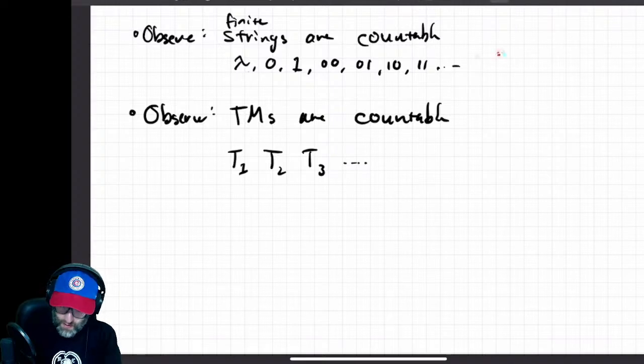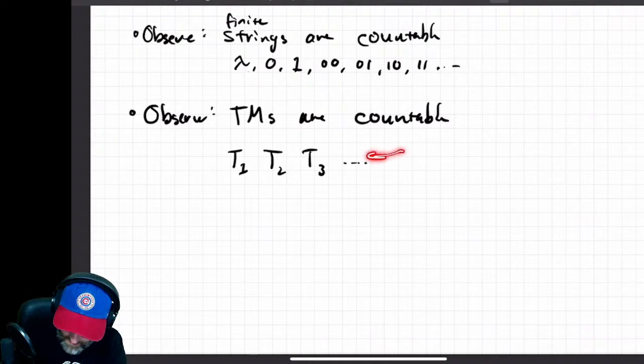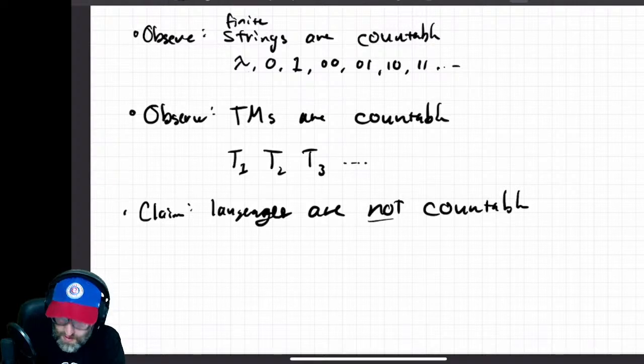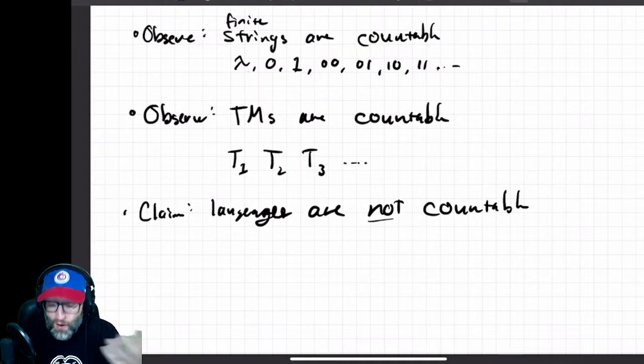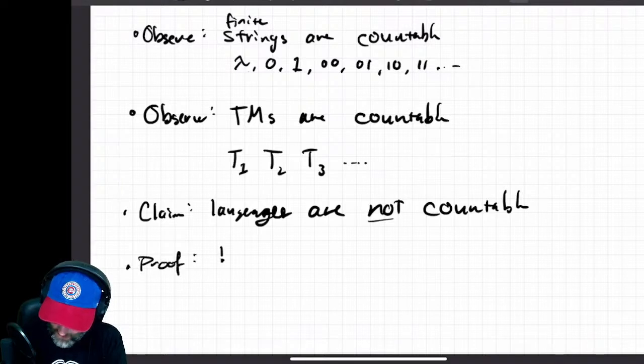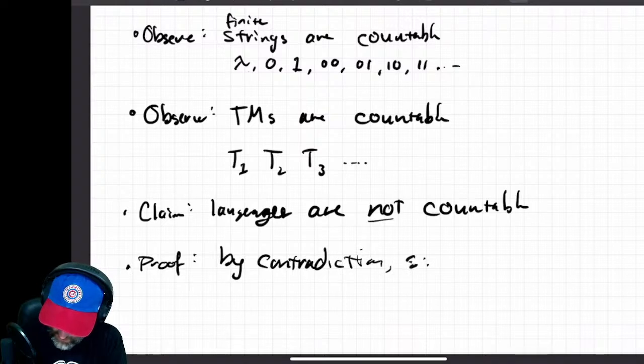My claim is that languages are not countable. In other words, there are provably more languages than there are Turing machines to decide them. And my proof here is by contradiction. By way of contradiction, suppose languages are countable.